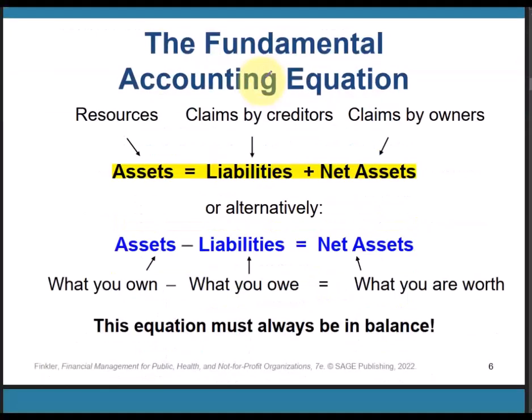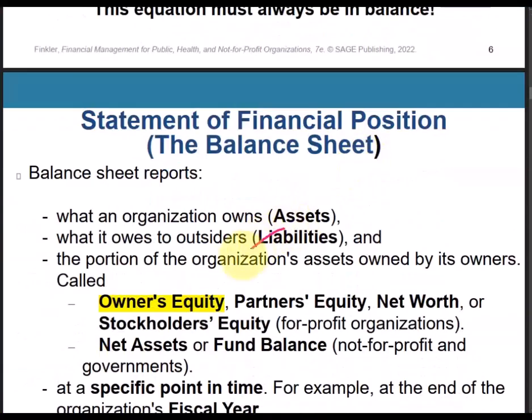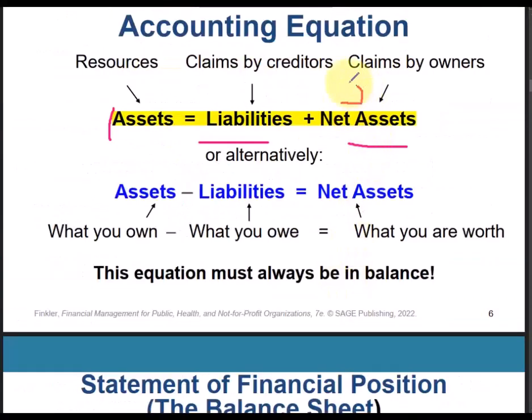Now, one of the easiest ways to think of the balance sheet is to use the mortgage concept. Your assets are going to equal your liabilities plus your net assets, which are also known as your owner's equity. That equity expression makes more sense when you think of your house.